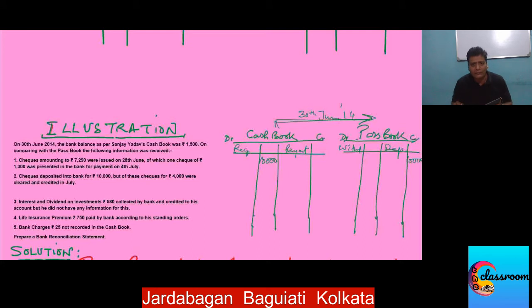So we need to reconcile for only those amounts for which the difference has arisen. Check worth rupees 1300 was not presented on time, because of which there has been a disagreement. So when the checks have been issued, they were written over here 1300, which did not get withdrawn from our account. So we put a tick mark over here on the payment side and write 1300, the cause for difference.